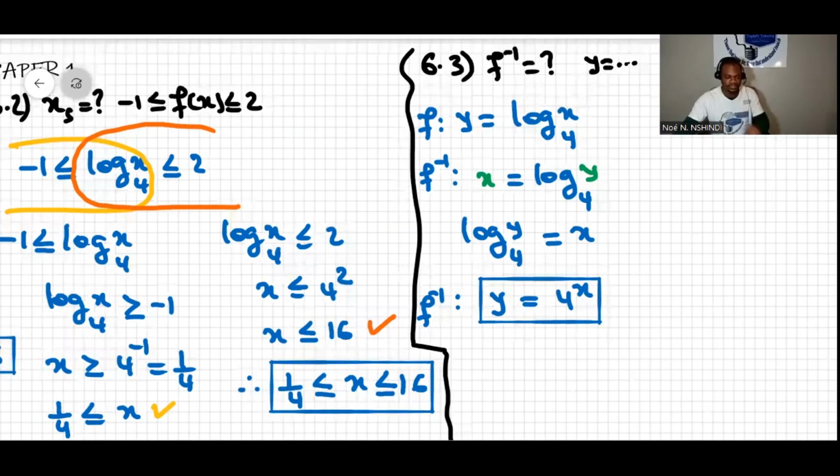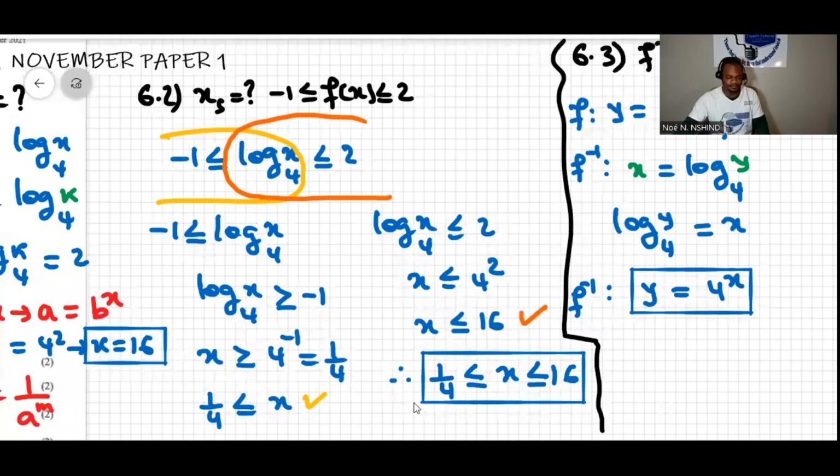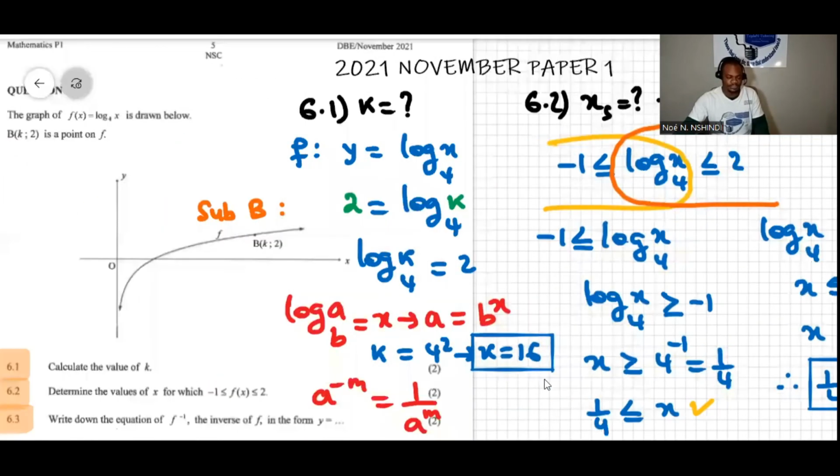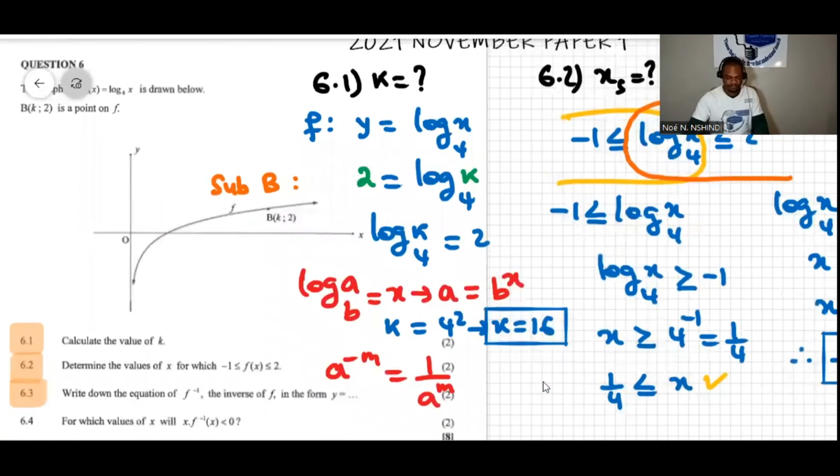The next question is 6.4. The question says for which values of x will x times f minus 1 of x be less than 0.